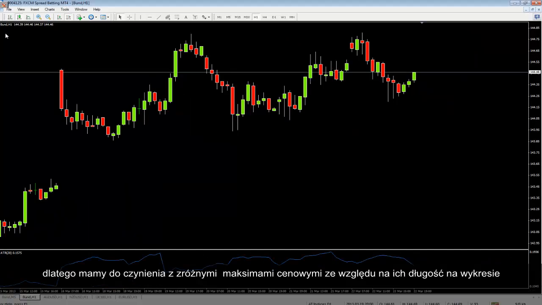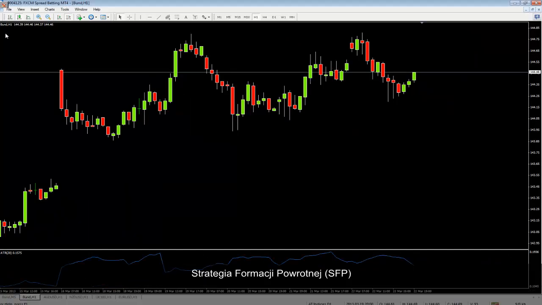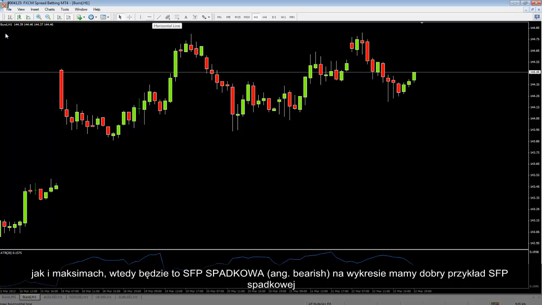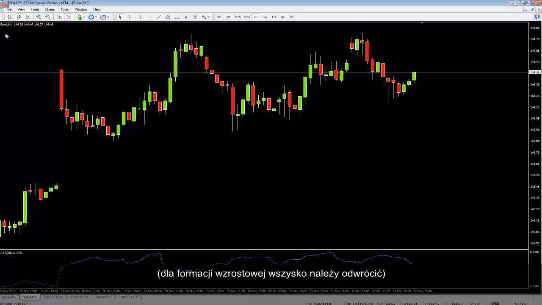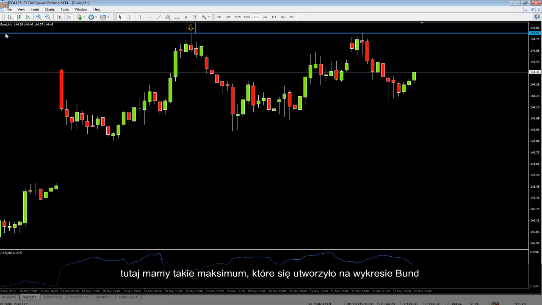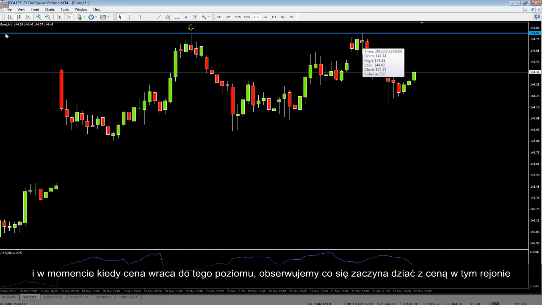You can have a bullish swing failure and a bearish swing failure, but let's look at a bearish example because it's a nice one on the charts, and you would just reverse for bullish. With a bearish swing failure, what we're looking for is a swing high point. Here we have a swing high that formed in the Bunds up here, at 144.80. We use that as a frame of reference, and when the market comes back to it, we look and see what the market does at that area.